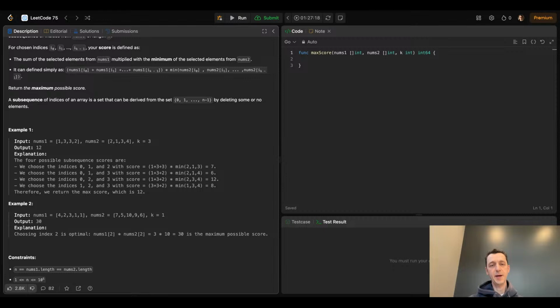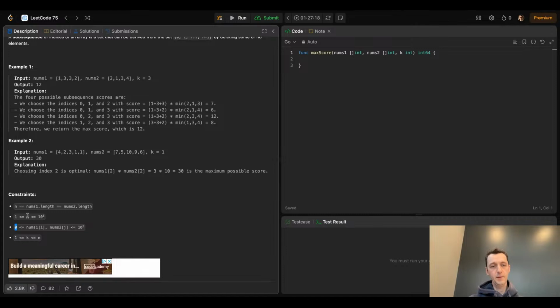We multiply it once, but it could affect the value. The numbers go up to 10 to the 5, and the length is up to 10 to the 5, and we don't want to do n square. K is also okay. So this is what I understand.